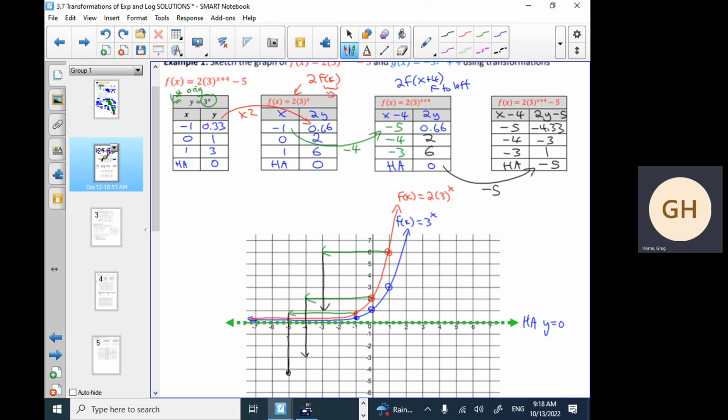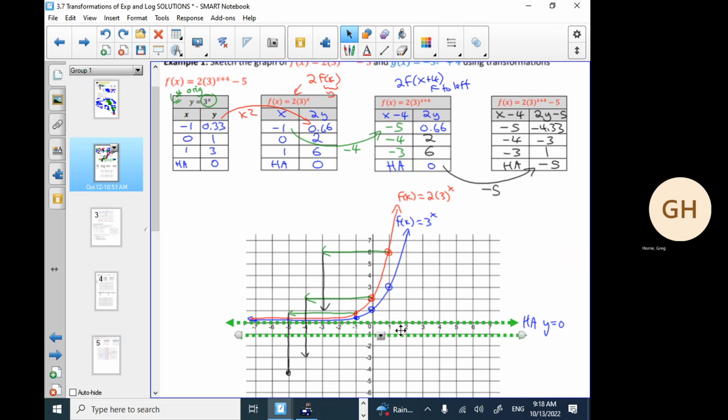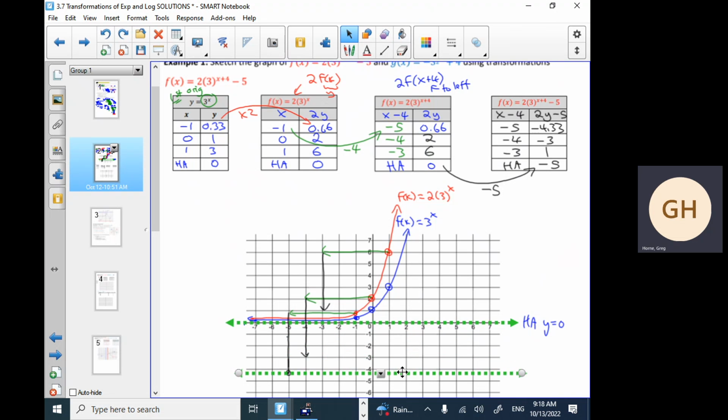Yeah, I think I got that right. Just double checking. And of course, our asymptote is going to go all the way down as well. 5 steps. Hit 1, 2, 3, 4, 5.